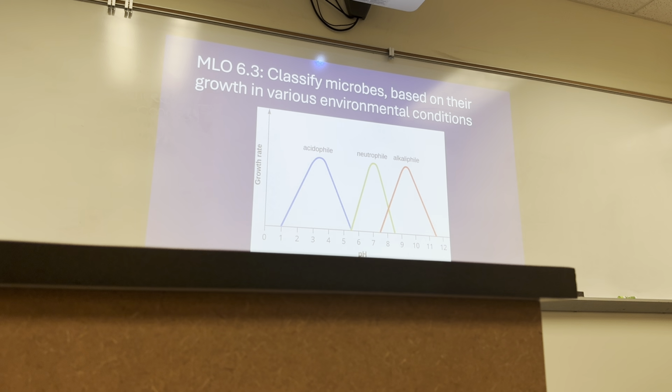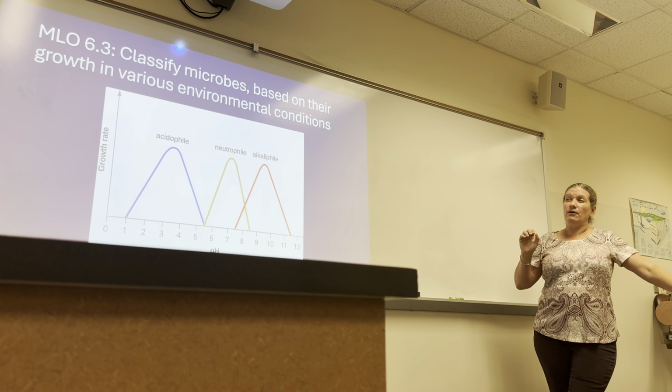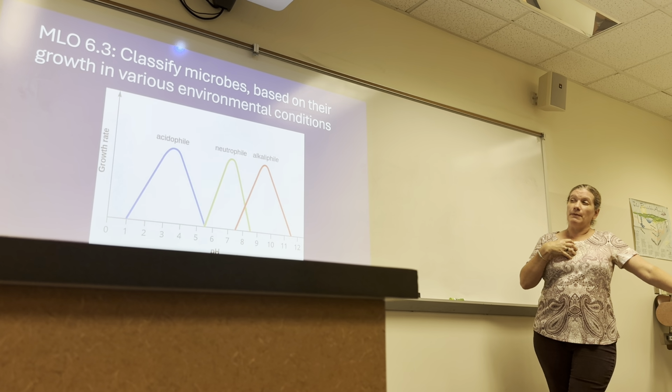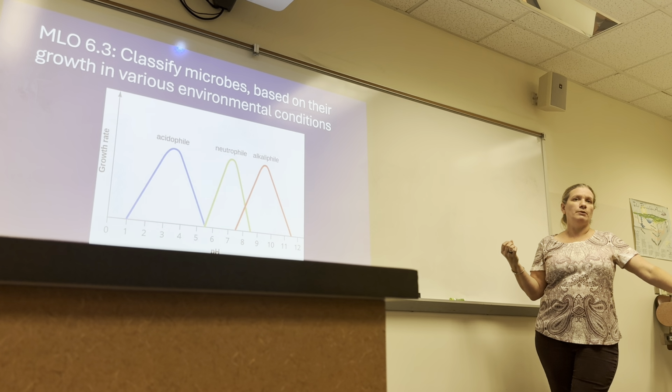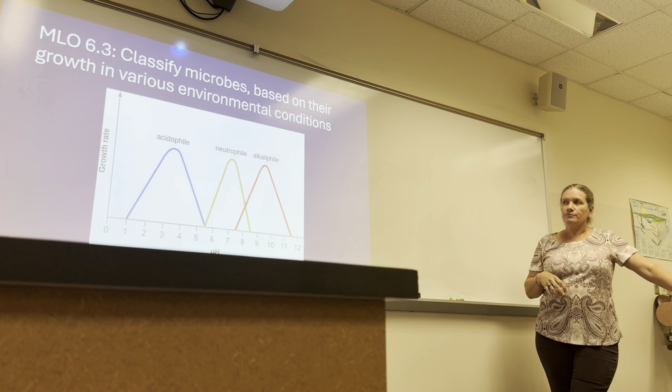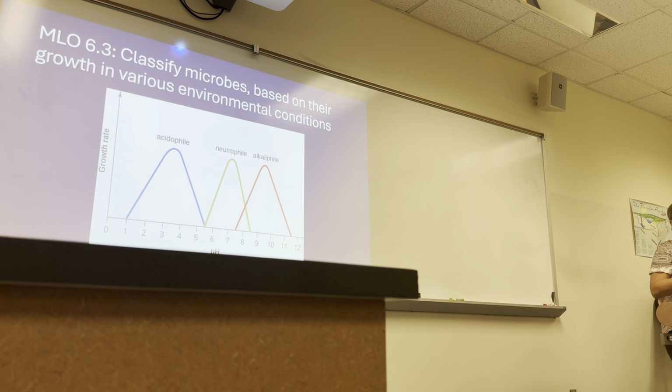Obviously, for the most part, we're not really going to be worried about acidophiles and alkalinophiles being pathogens for the human body. At least not for the bulk of it, because we don't have a lot of those environments.